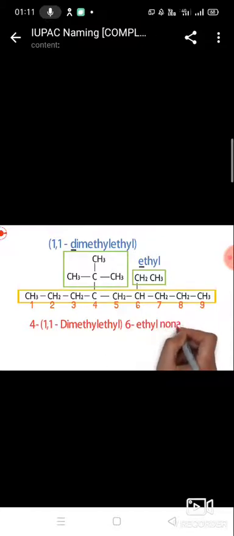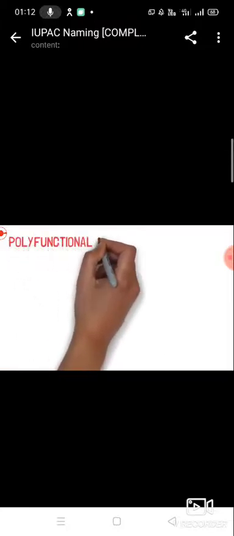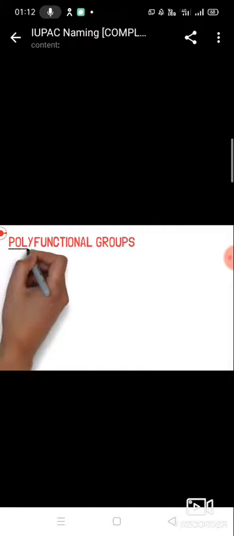So 4-(1,1-dimethyl ethyl), and on the sixth carbon once again ethyl is present, and the straight line of 9 carbons is nonane. For 4-(1,1-dimethyl ethyl), we have to start the alphabetical order with di also. Di, tri also should come in the alphabetical order.